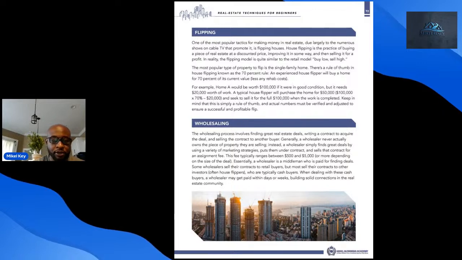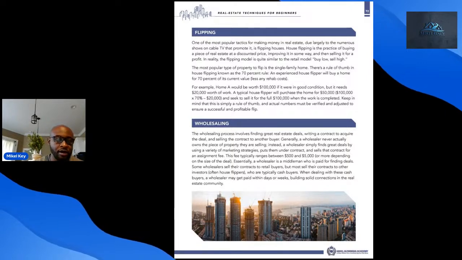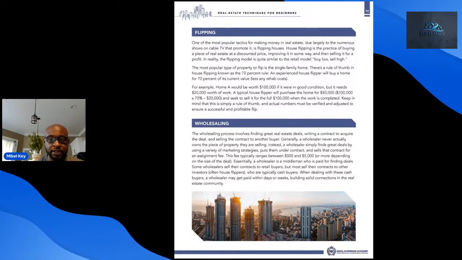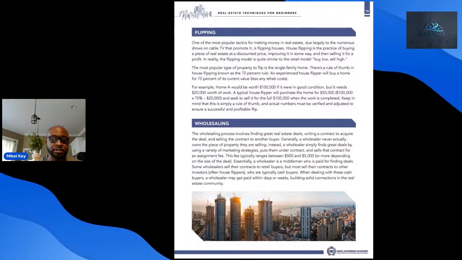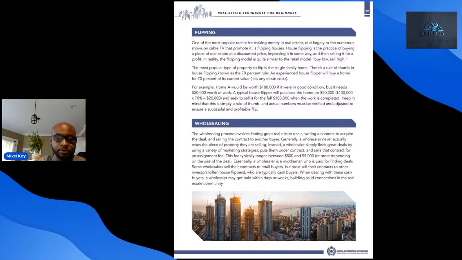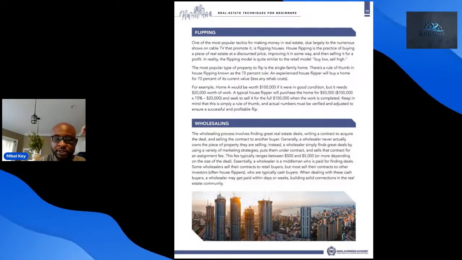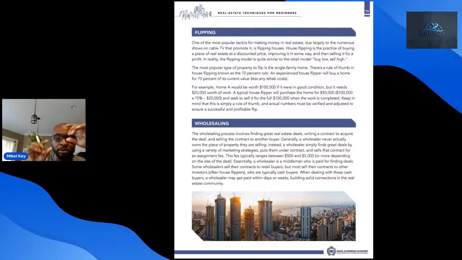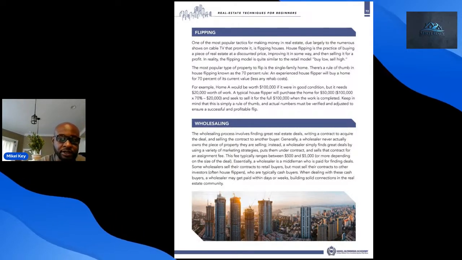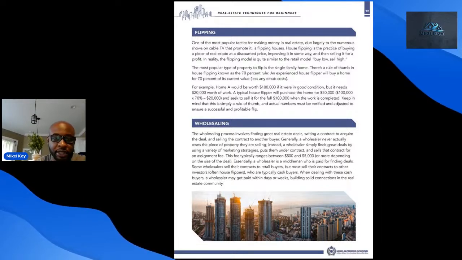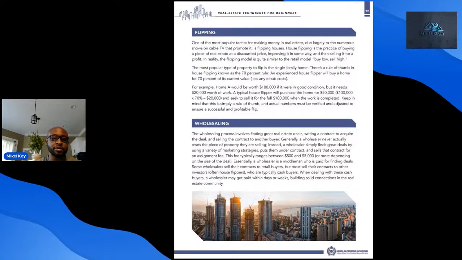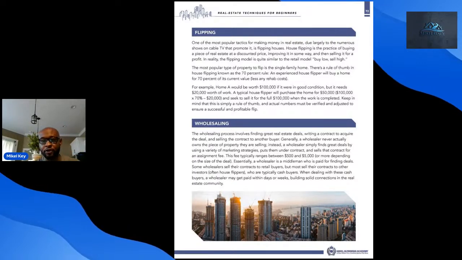So if you've partnered with your general contractor and y'all have gone to look at that property, and he says, man, it's going to cost $50,000 to renovate this house and get it ready, then $50,000 is 50% of the ARV. So you only have 20% left, because remember, we can't go over 70%. If the contractor gives you a $50,000 bid and the ARV is $100,000, then you only have $20,000 to pay for that house. So that's how we determine how much we pay for a flip property.